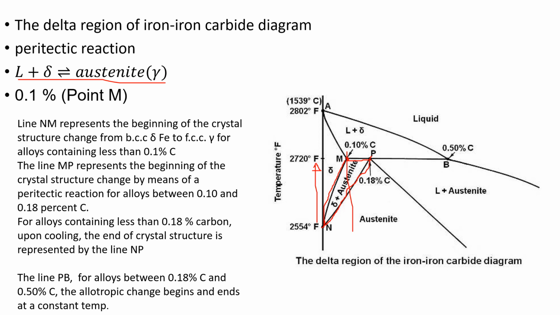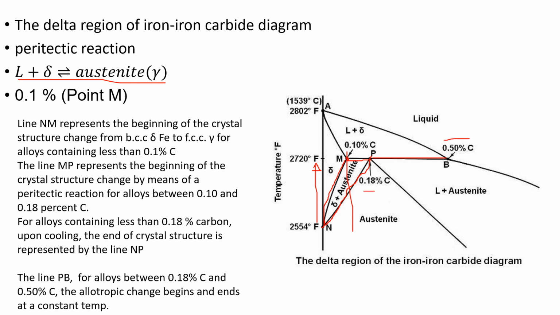The line PB is for the alloys between 0.18% carbon and 0.50% carbon. The allotropic change begins and ends at constant temperature.